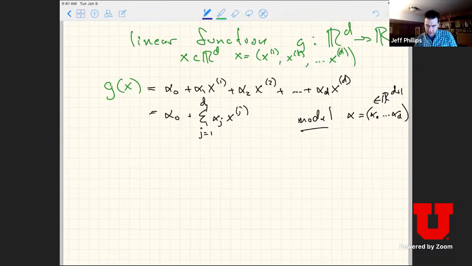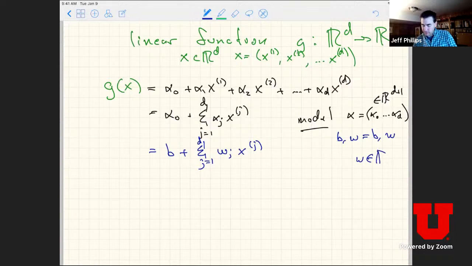So we're going to write this as b, where b is the offset, plus the sum from j equals 1 to d of w_j x^(j). So the model is going to be (b, w), where w is in R^d.